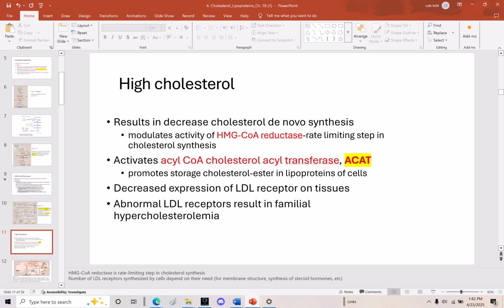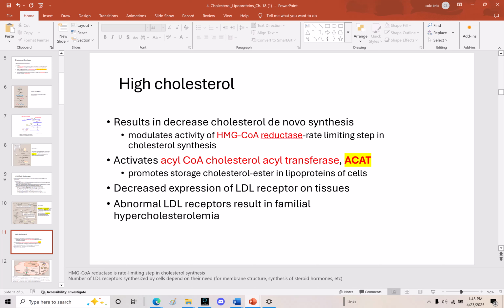It does run in families because some of us genetically have not necessarily abnormal, but different LDL isoforms, so they don't effectively take in cholesterol, and you end up with higher levels because your cells aren't properly utilizing it. Some of us are just predisposed to higher cholesterol, just like some of us are predisposed to diabetes or various other diseases.